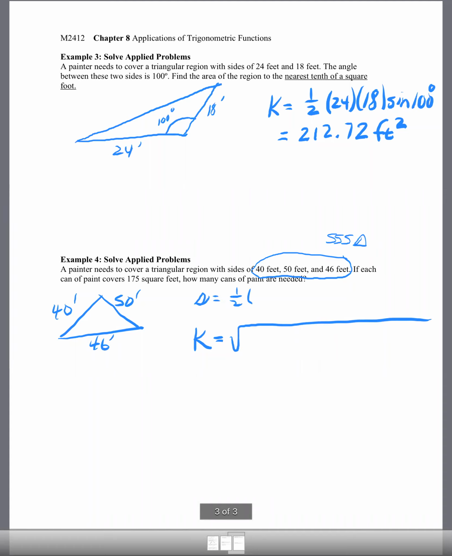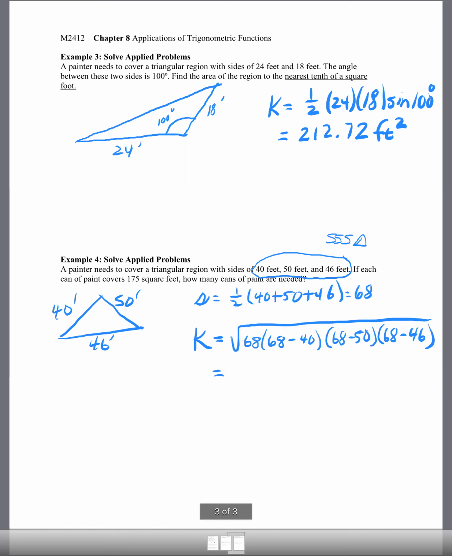So if you'll take half of the sum of the sides, that will give us 68. Heron's formula said that you can take the semi-perimeter, multiply it by the semi-perimeter minus one of the sides, times the semi-perimeter minus the second side, times the semi-perimeter minus the third side.